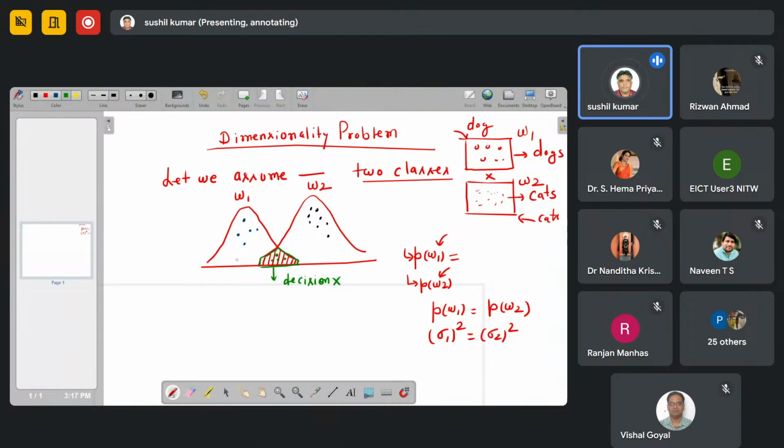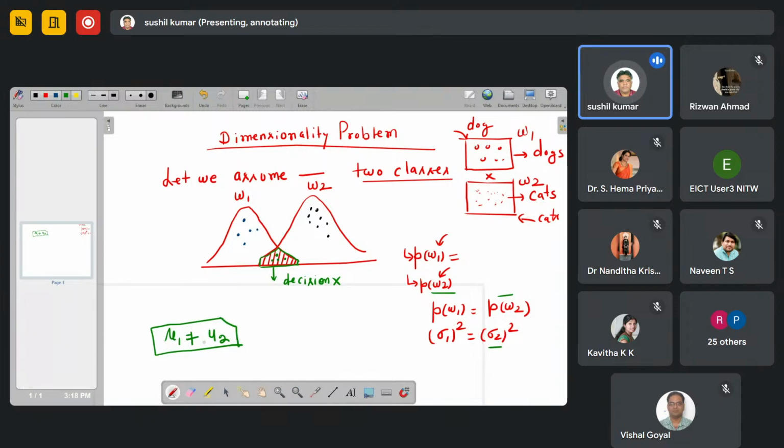At the same time, suppose you have different data, so the variances may be the same and the probabilities may be the same, but the mean values mu1 and mu2 are not equal, because this is a property of your data.